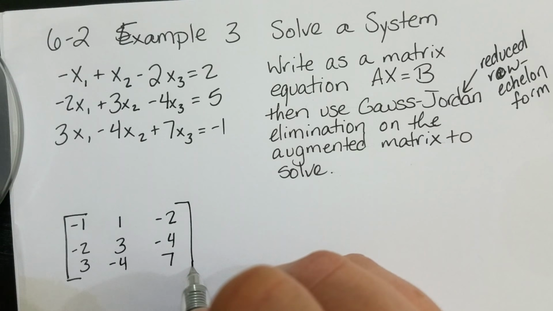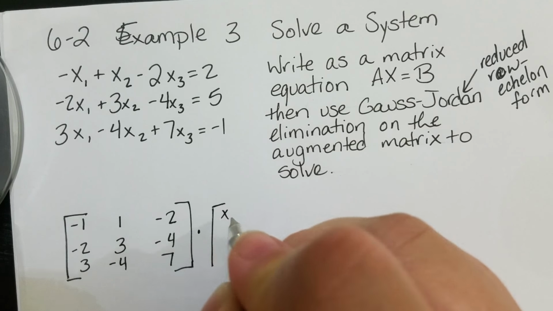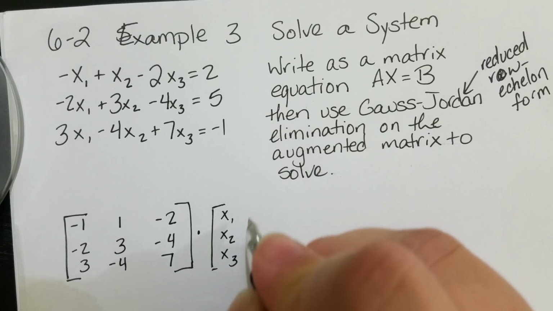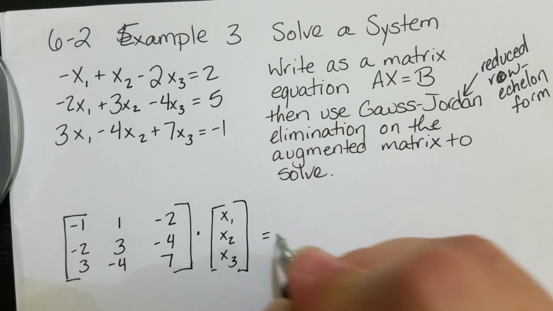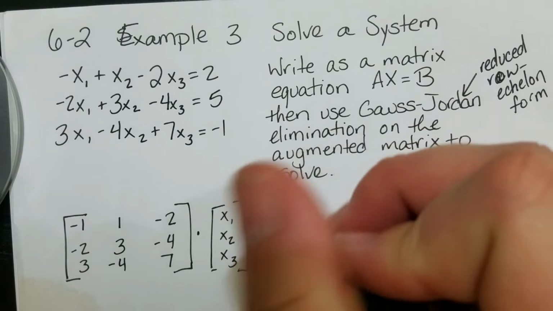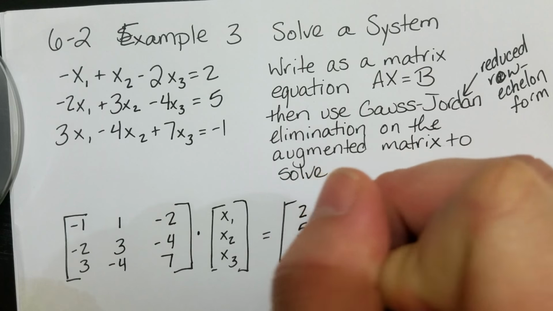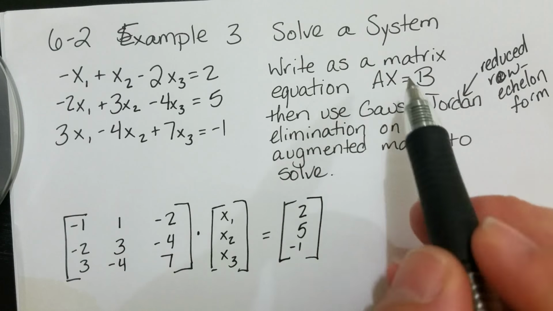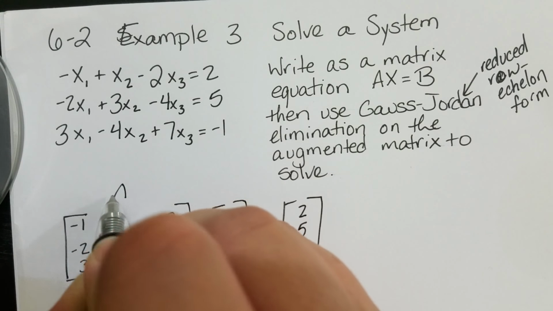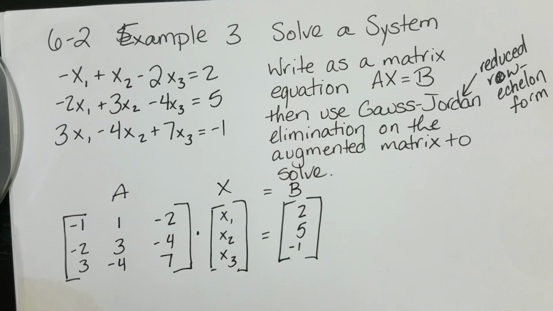And you're multiplying that times x1, x2, x3, and it gives you your B, which is going to be your constants. So this is writing it in the format of AX equals B.